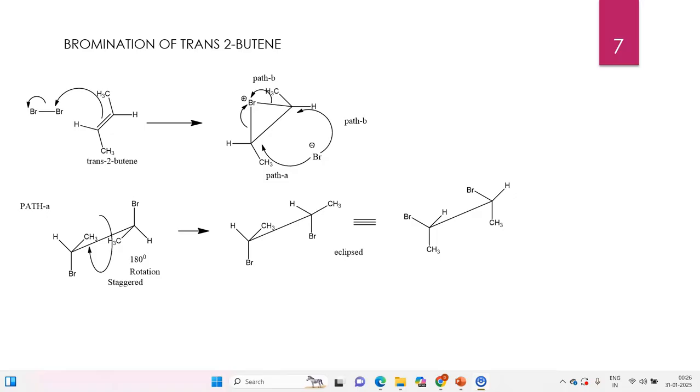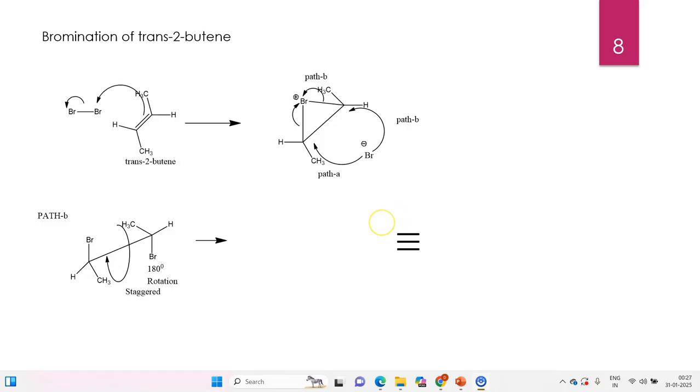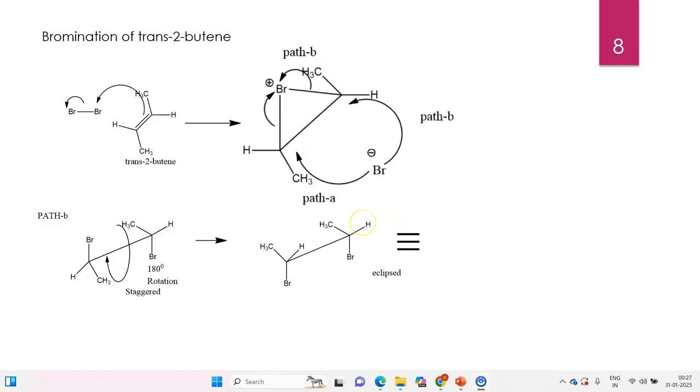Now just check the position of this. You get the staggered form; rotate through 180 degrees and you get the eclipsed form. So just see this meso form structure. Path B also gives the meso form structure.